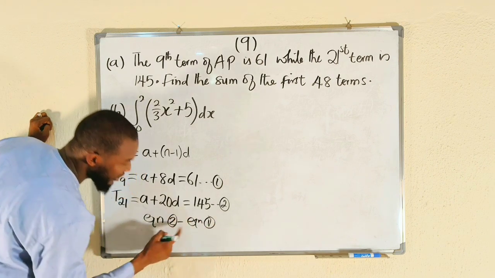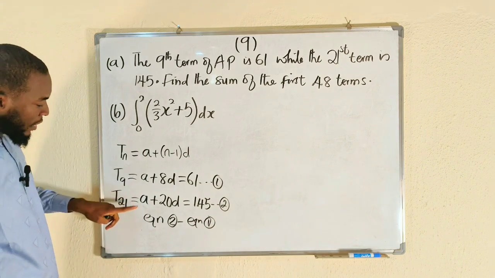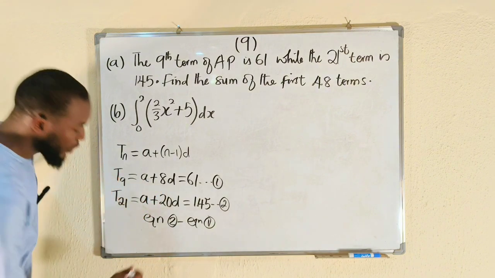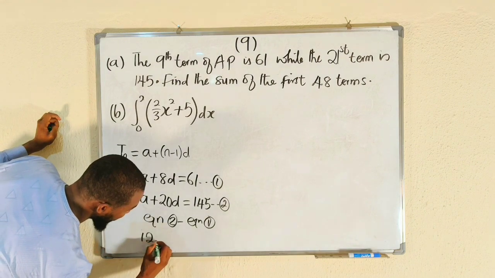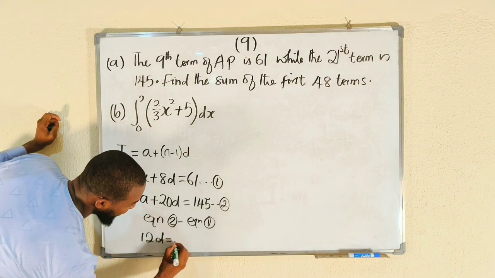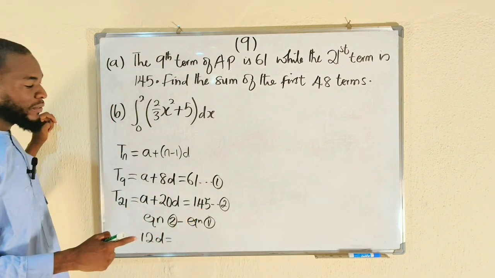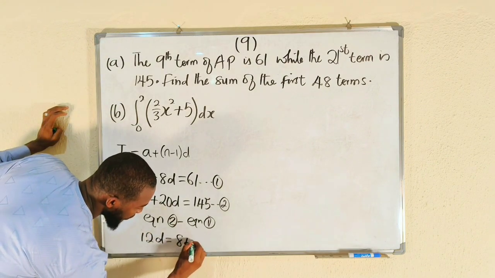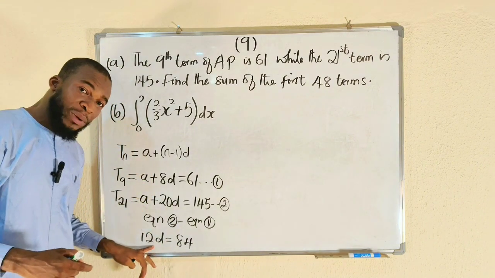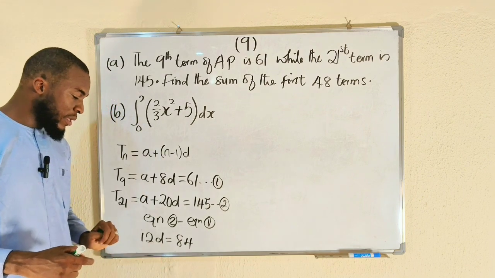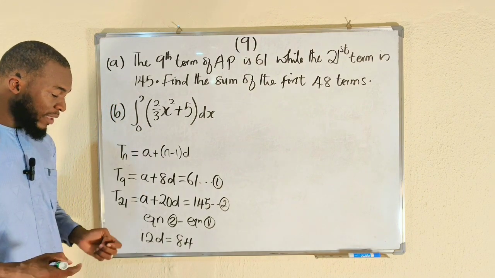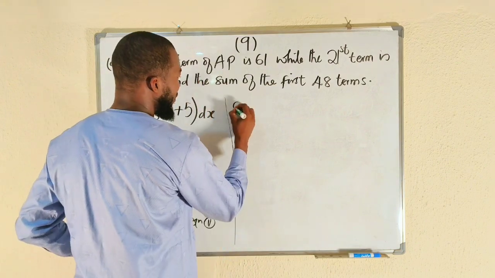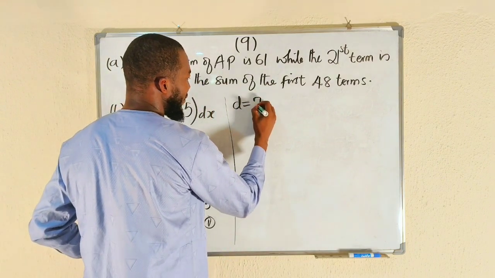A minus A is 0. 20 minus 8 is 12, so 12d is equal to 145 minus 61, that is 84. If you divide both sides by 12, d will be equal to 7. So we have that d is equal to 7.